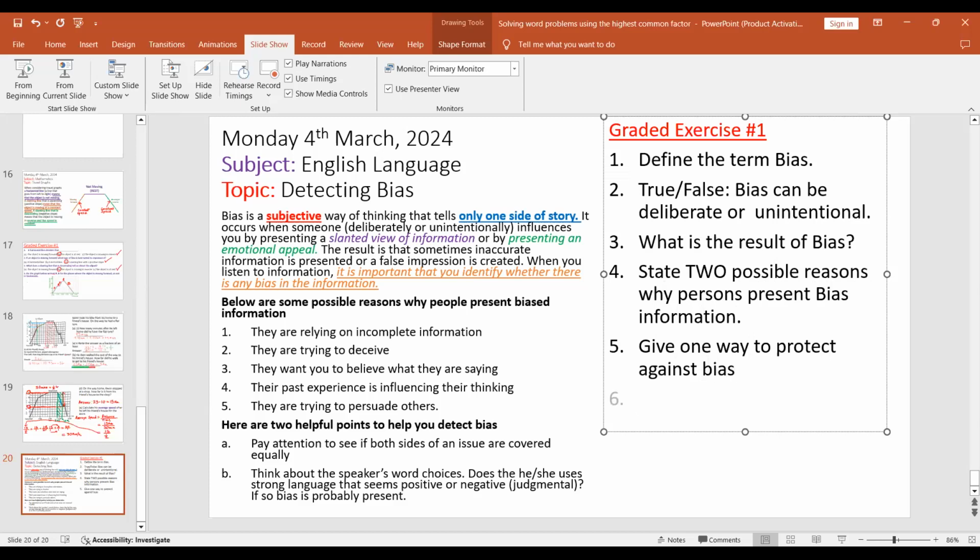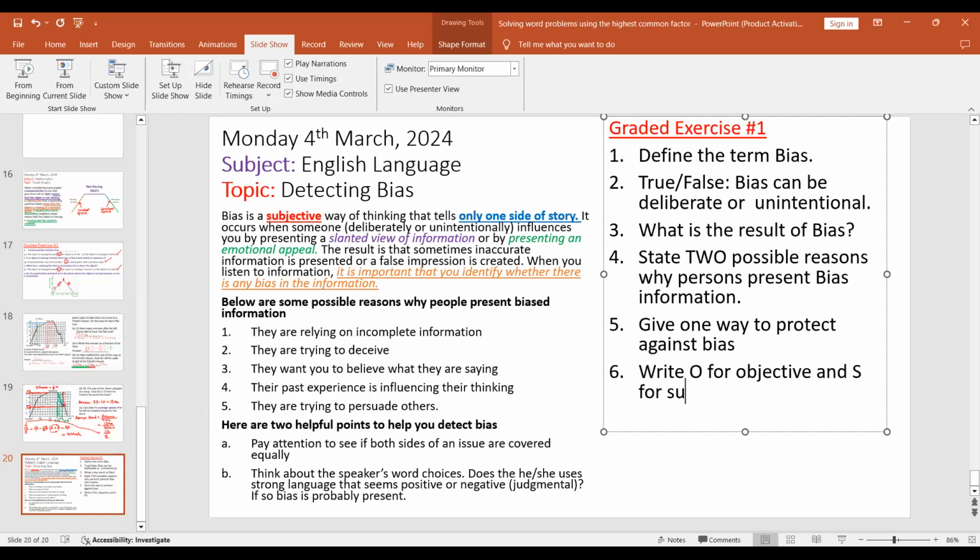Number 6, write O for objective and S for subjective.